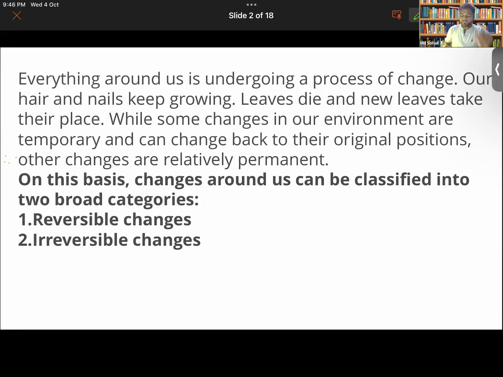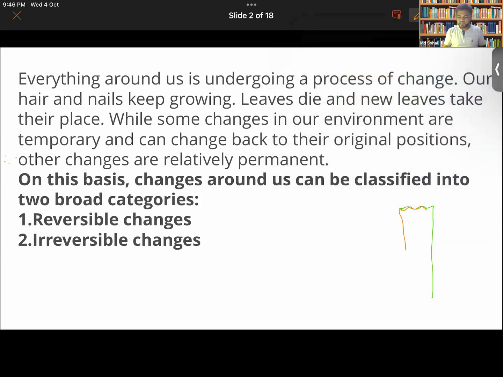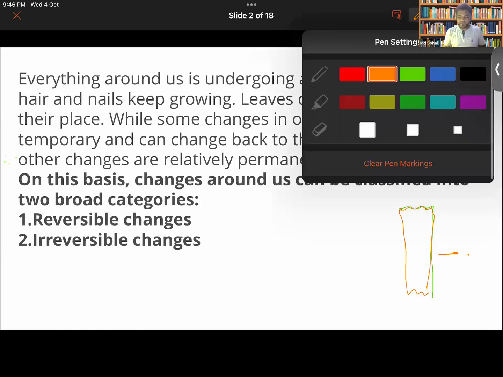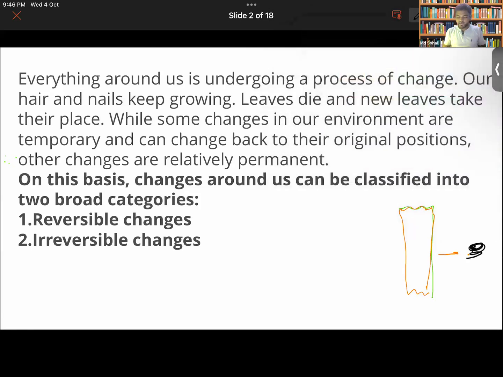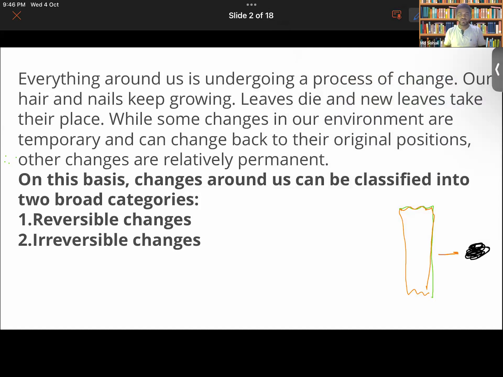For example, this is a wood. Wood, when you burned it, converted into ash. Both of them had different compositions. By composition, I basically mean I'm talking about the atoms, the elements in it.